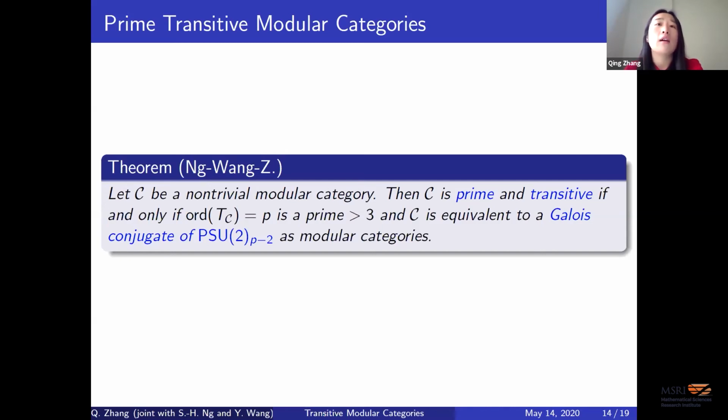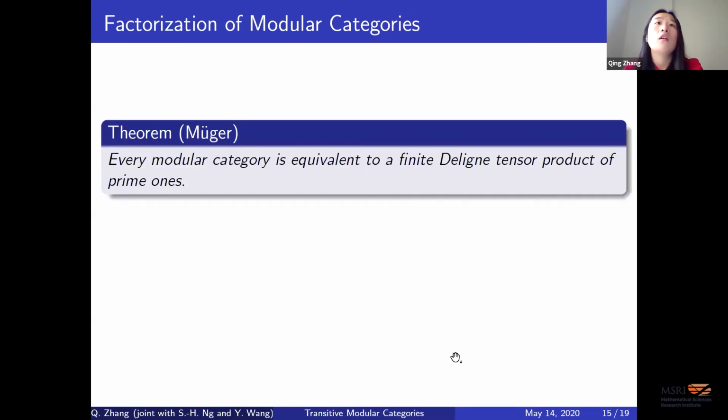So why are we interested in considering prime ones first? This is because of the factorization theorem of modular categories. Müger's theorem states that every modular category is equivalent to a finite Deligne tensor product of prime ones.